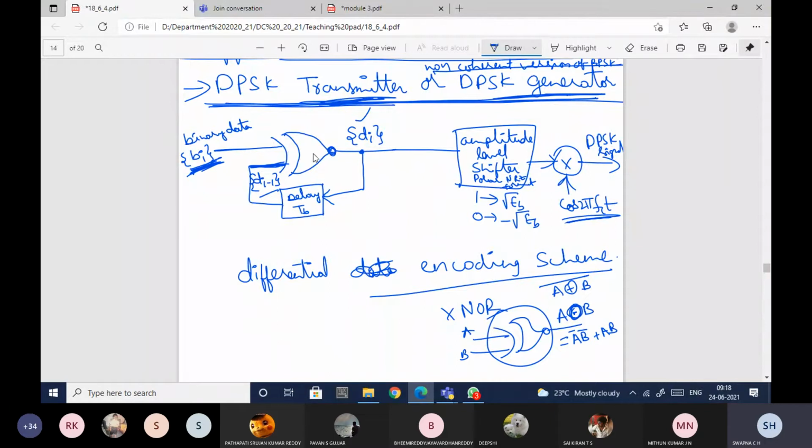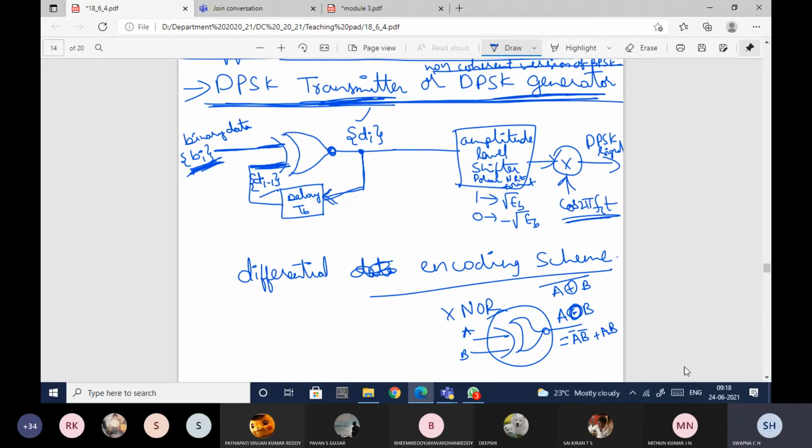So here we are using that. And if you observe, one input is directly the binary data. The second input to this XNOR gate is not given directly. It is given from the output. There is a feedback here, from Di it is given back to the XNOR gate.